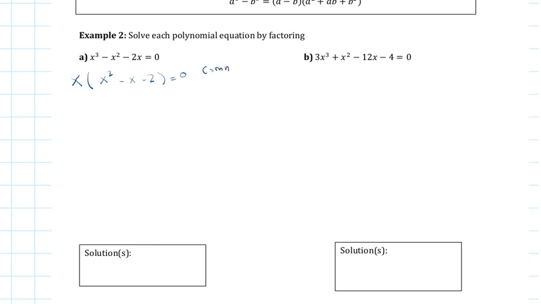Then I'm looking for two numbers with a product of -2 and a sum of -1. What multiplies to -2 and adds to -1? -2 and 1. So then I can factor as x minus 2, x plus 1. So what I did here was sum and product.